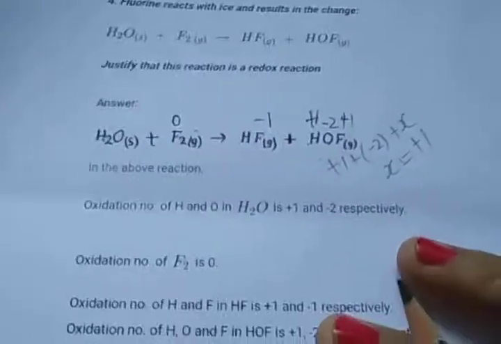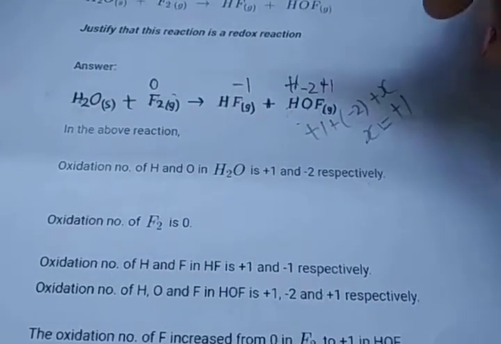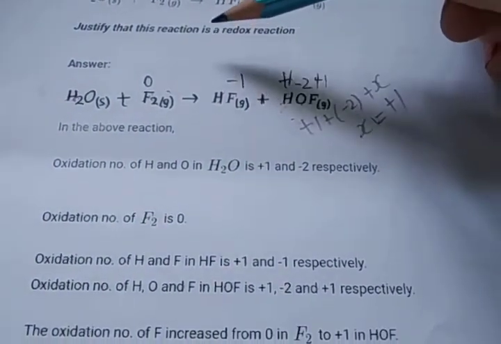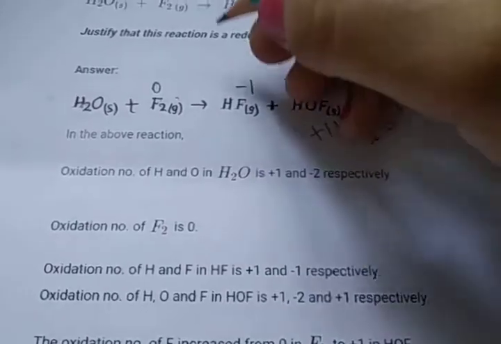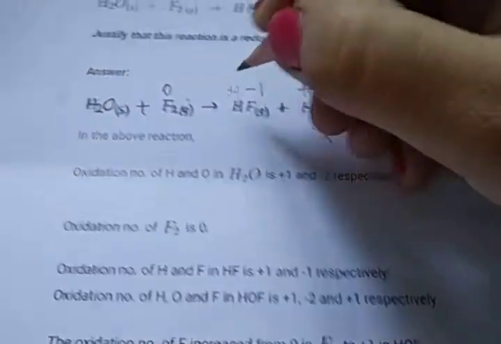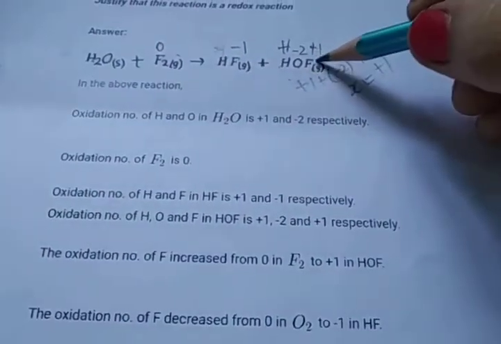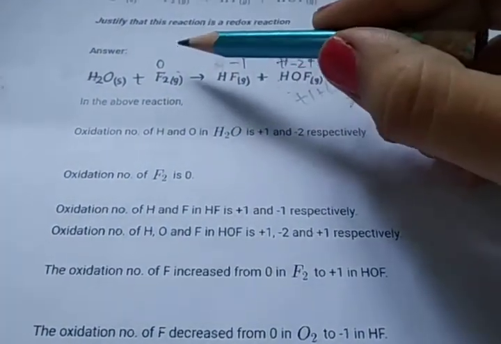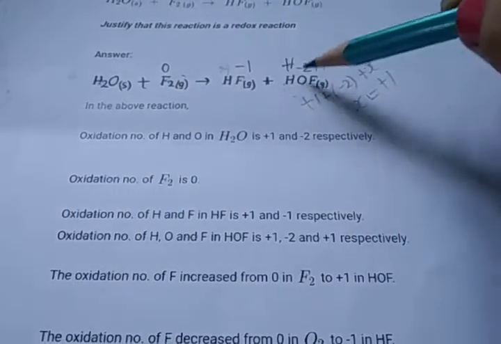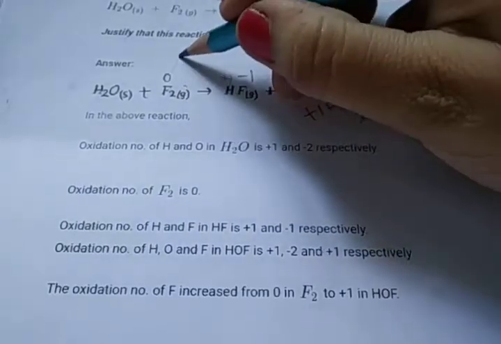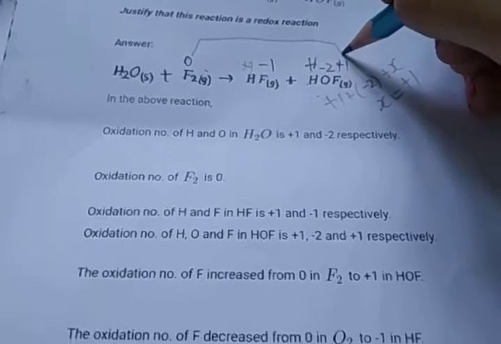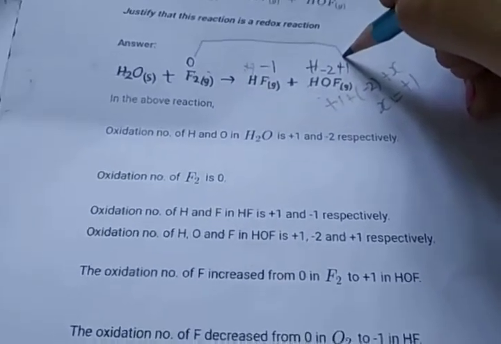Clear? So here you see the oxidation numbers of hydrogen and F in HF are +1 and -1, and in HOF they are +1, -2 and +1. So the oxidation number of fluorine increases from 0 to +1 in HOF, which means oxidation.